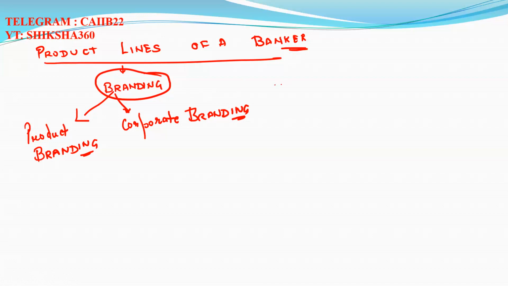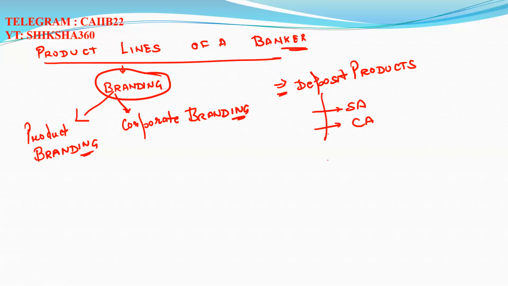After that, I have already discussed in detail in the session on deposit products. Deposit products, either it is a saving account, or a current account, or a term deposit.